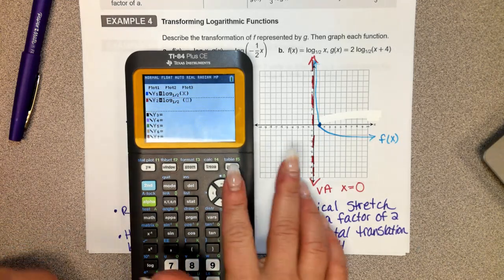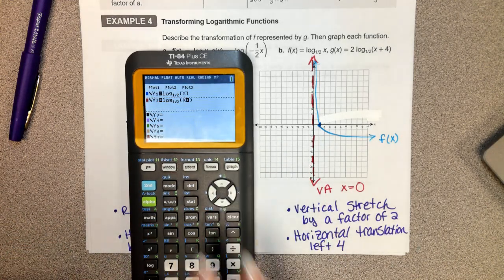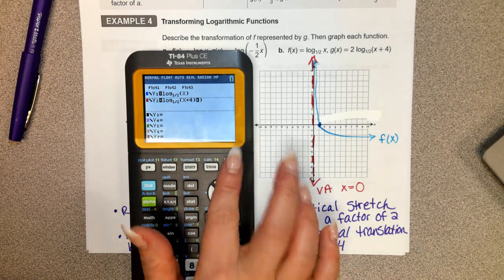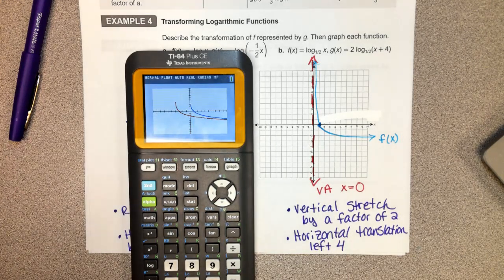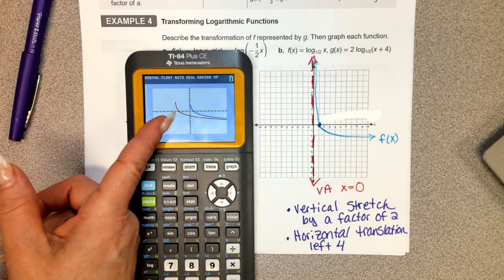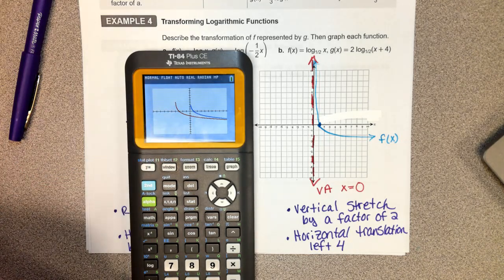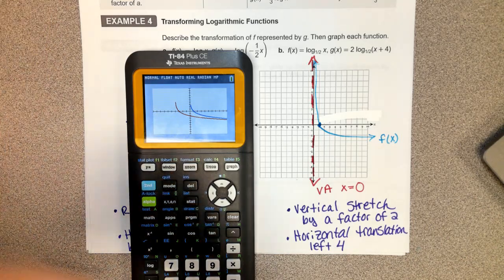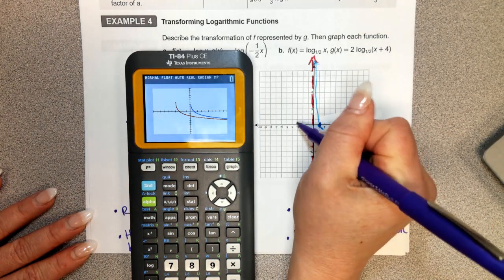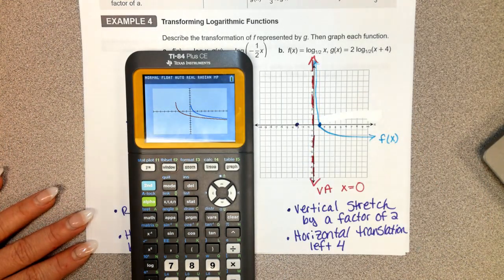My base is 1/2. And in parentheses now I have x plus 4. So you can see a little bit of that vertical stretch, and you can see that the x-intercept has moved over 4. 1, 2, 3, 4 steps.